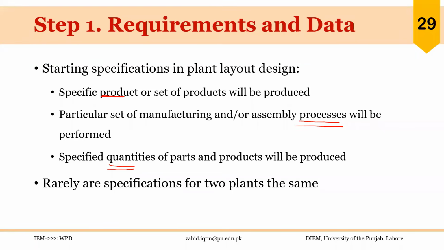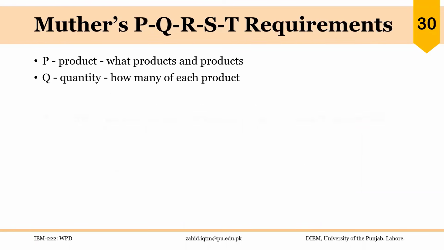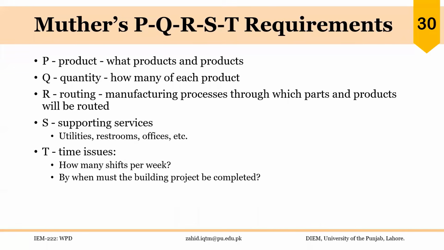So you have to analyze these requirements. There is a simple rule of thumb to list down the requirements, called the PQRST approach. P is for product: what products you are going to make.